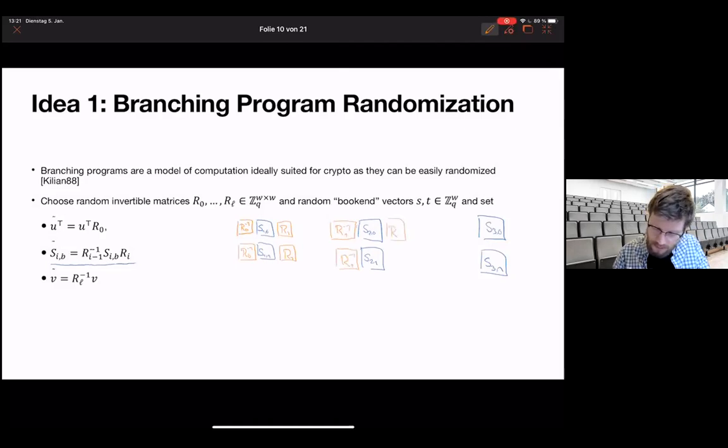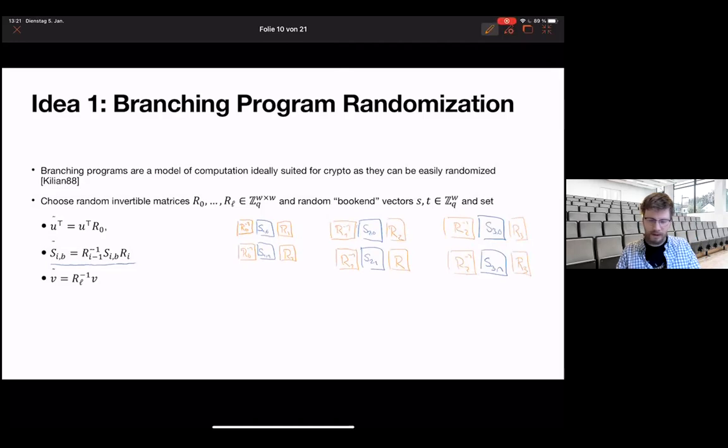Here I'm gonna multiply with R2 and here as well with R2. And the same procedure here, R2 inverse, R2 inverse, and here with R3, R3.